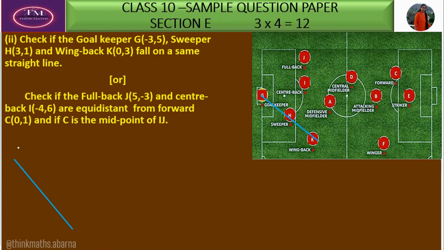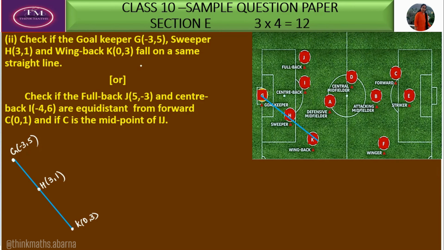So what are the points given? G is minus 3 comma 5 and H is 3 comma 1 and K is 0 comma 3. So G, H, K are standing here. So these are the coordinates given. We have to find out whether they fall on a straight line.